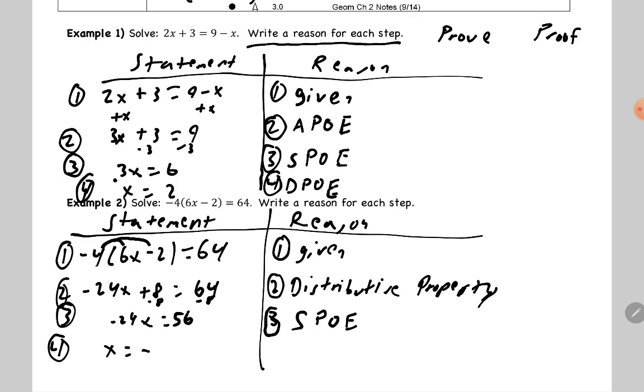56 divided by -24 is -2.333 repeating, which is -2 1/3, which is -7/3.